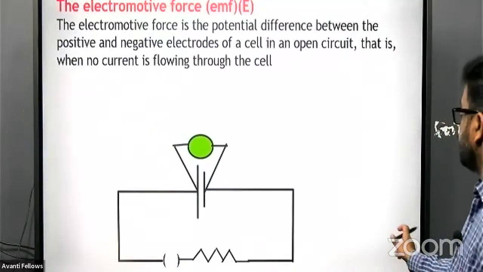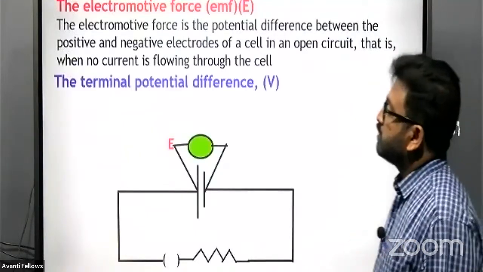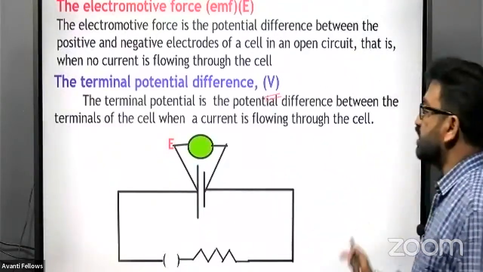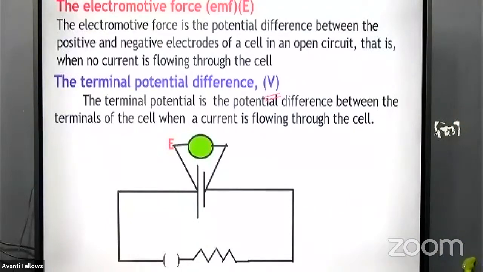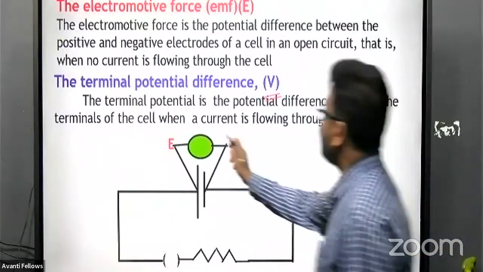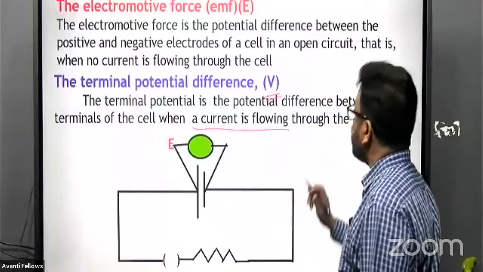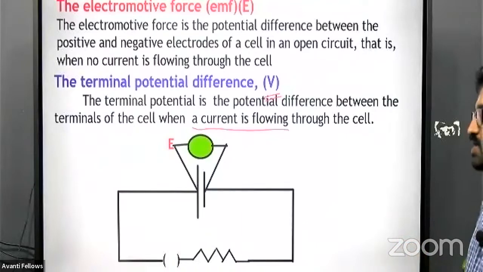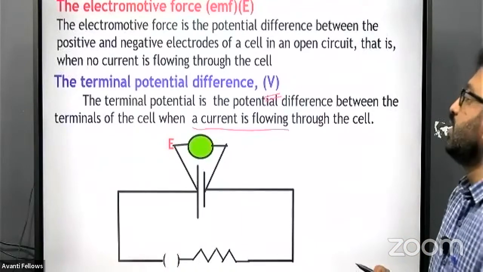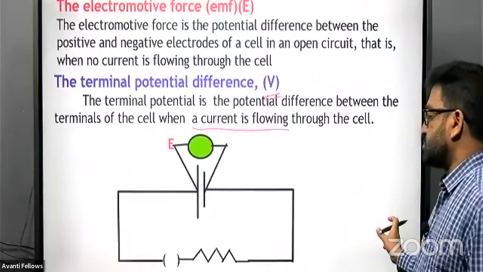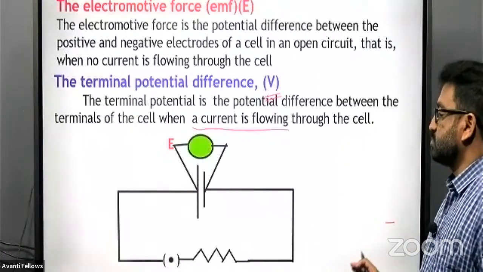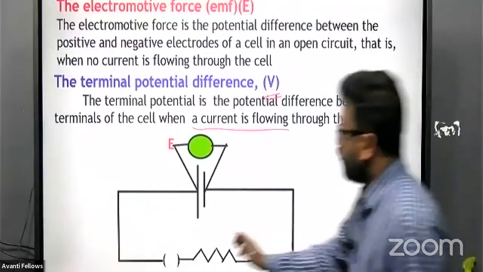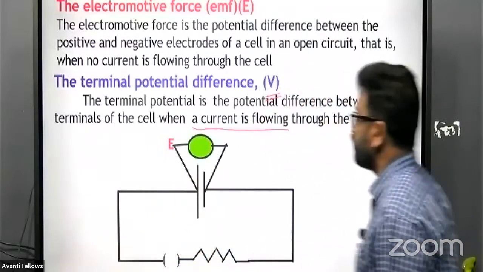See this one. Terminal potential difference is V. The open terminal potential difference is E. When a current is flowing, or when a current is taken from the cell, that is called potential difference. When no current is taken from the cell, that is called EMF, E. See, this is E. No current is taken from the cell.